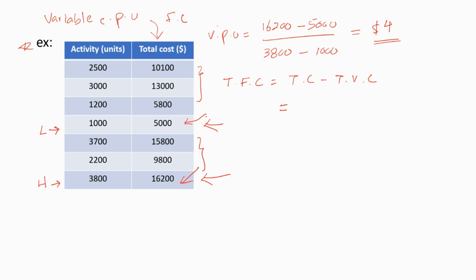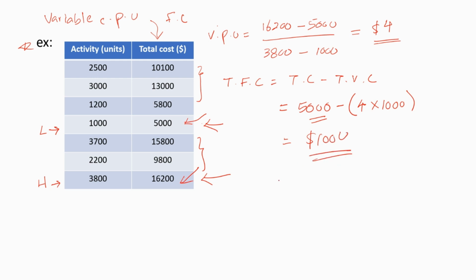Only use the total cost for either the highest level or the lowest level. Let's consider the total cost for the lowest level, which is 5000 minus total variable cost, which is equal to 4 multiplied by 1000, because 1000 is the activity level for 5000 total cost. So this is equal to $1000, which means the fixed cost is $1000.